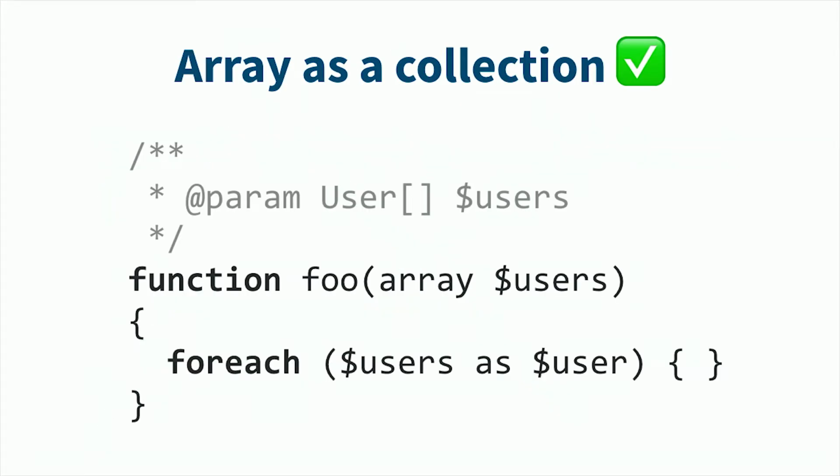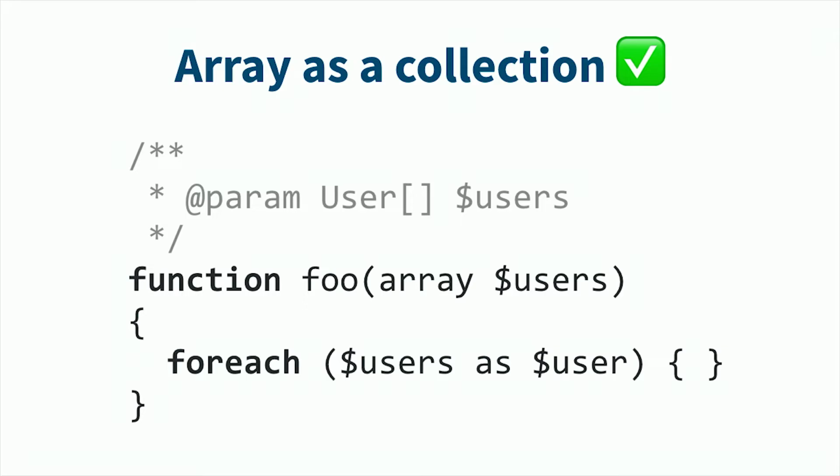But one situation where array is fine is when you are passing an array as a list of values that you just intend to use in a foreach or something. And it's fine if you specify what kind of values it contains. And unfortunately, right now, there's no better way in PHP for this.